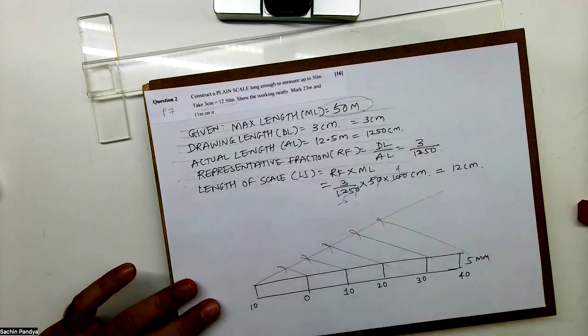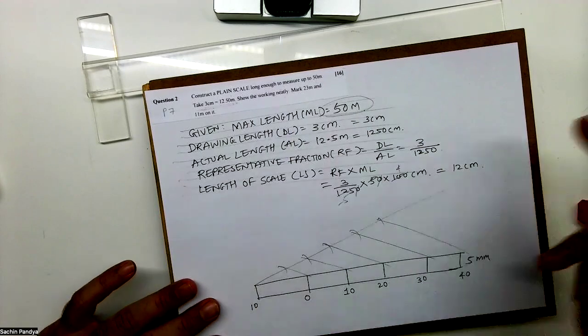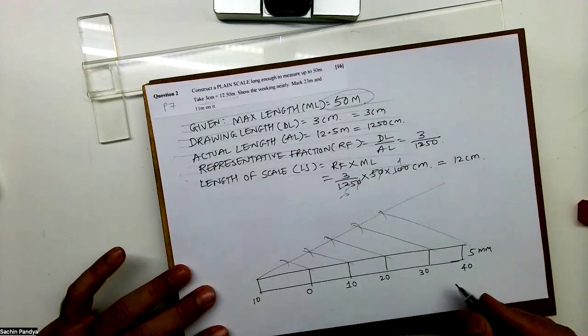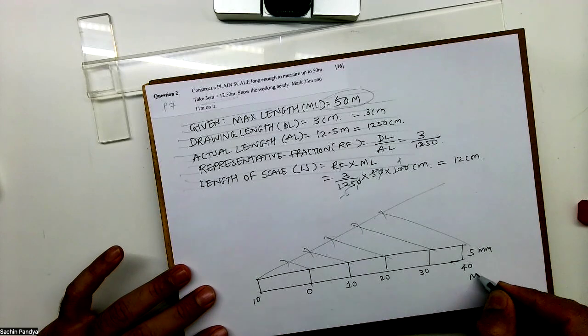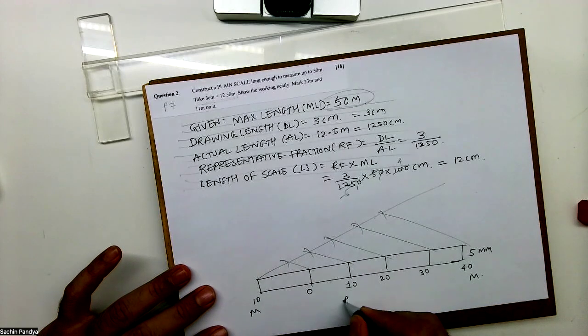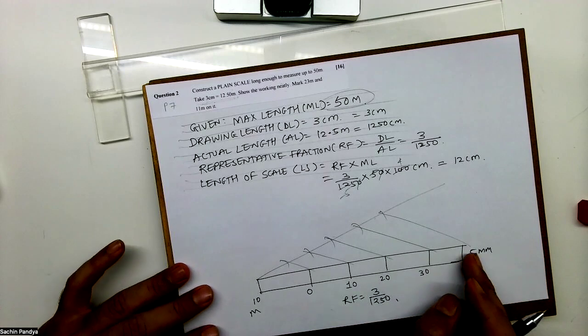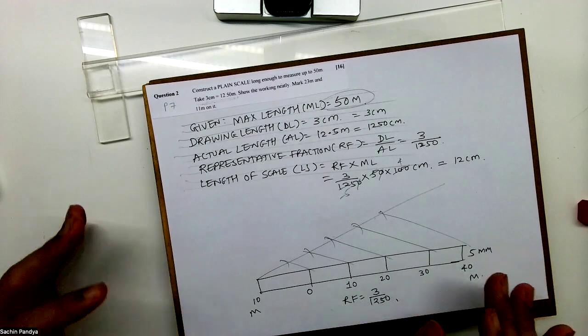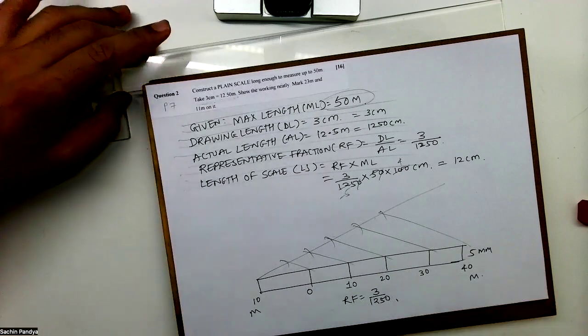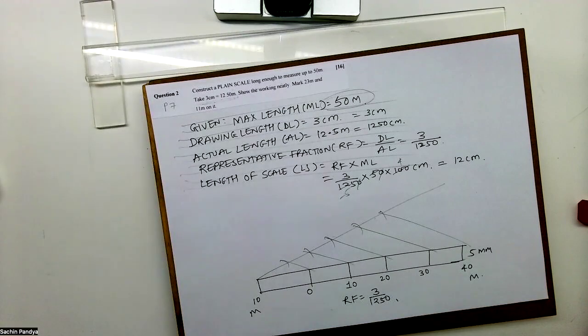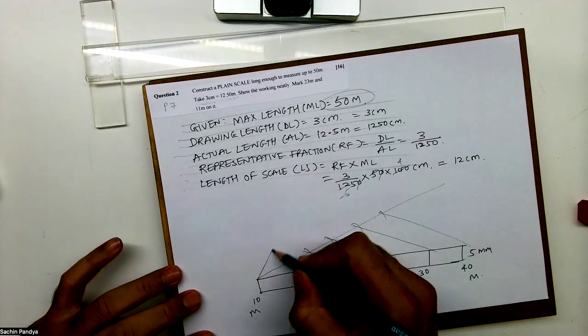We can do everything. So no need to divide into 50 parts. So we'll divide this into 5 parts. This is meter, this is meter, this is RF. That is RF is how much? 3 upon 1250. And why we are not dividing into 50 parts? There is one logic, but that logic I'll explain you in some other video. Not right now. I don't want to make you confused right now.